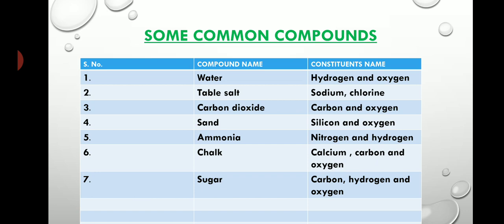Sand: silicon and oxygen. Ammonia: nitrogen and hydrogen. Chalk: calcium, carbon and oxygen. Sugar: carbon, hydrogen and oxygen. So you can see these are the names of a few common compounds, and of which elements the compounds are made up of.